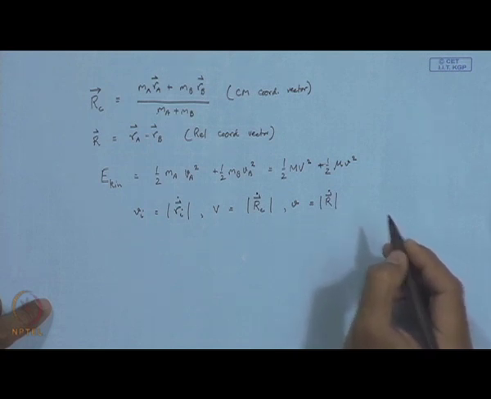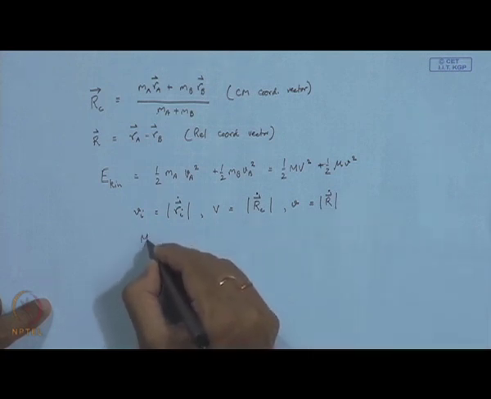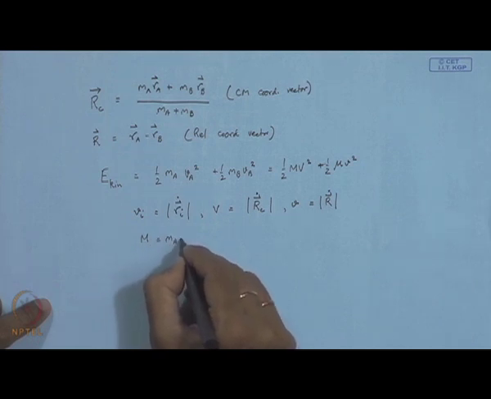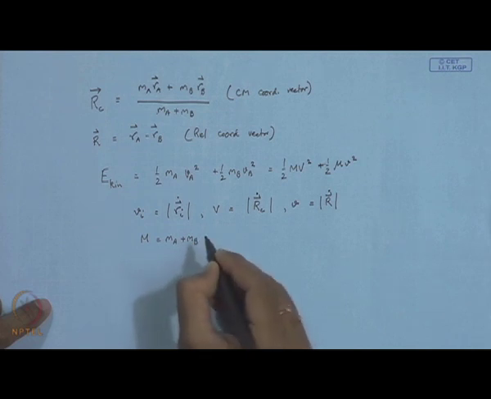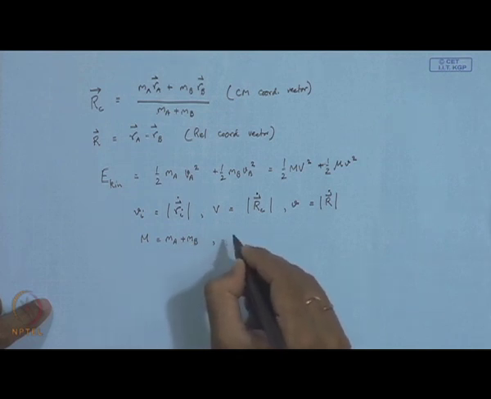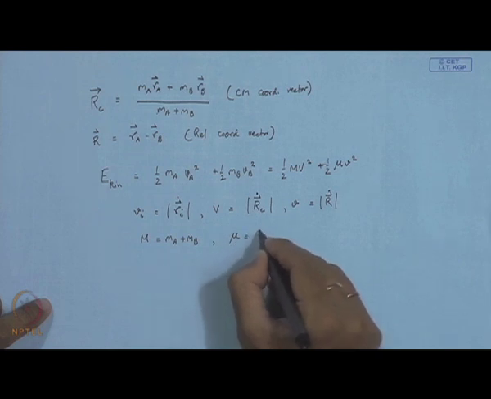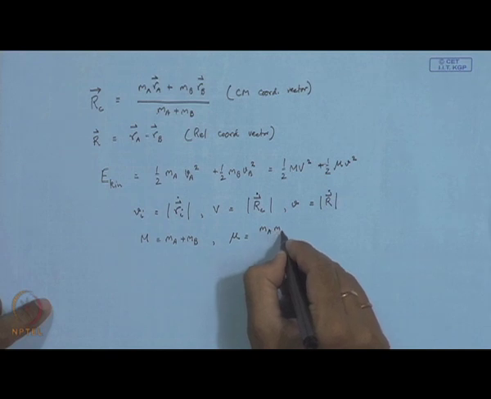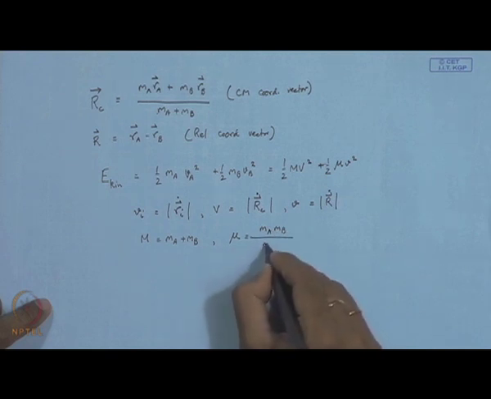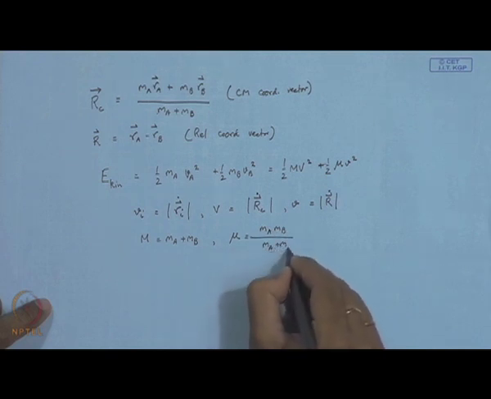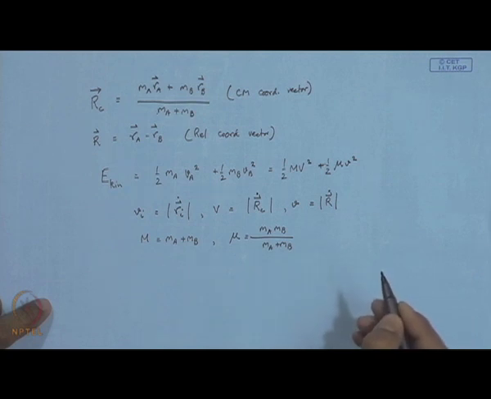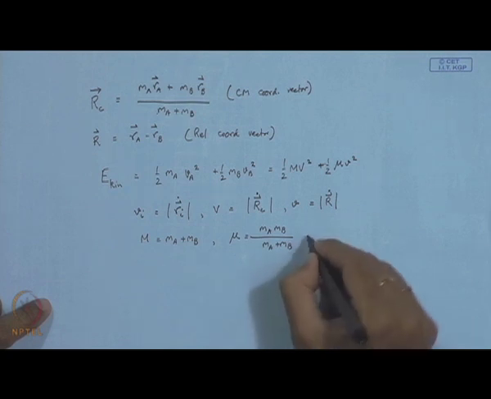This way you can write, and capital M is equal to m_A plus m_B, and the reduced mass mu is equal to m_A m_B divided by m_A plus m_B. So, this is the reduced mass.